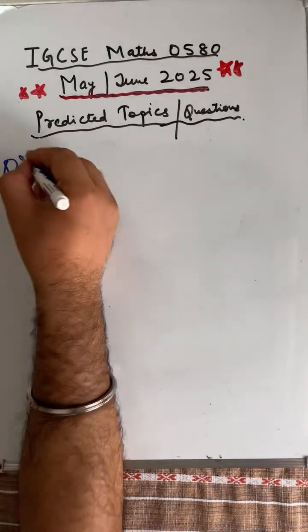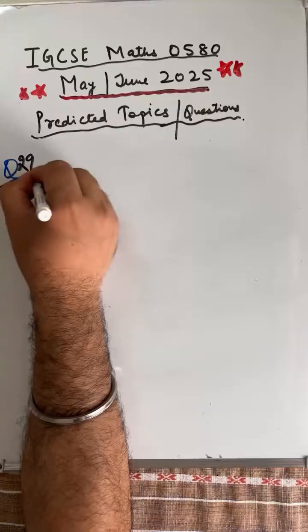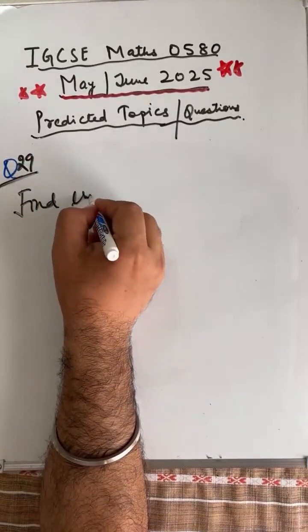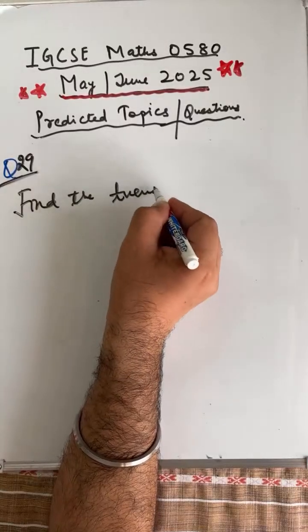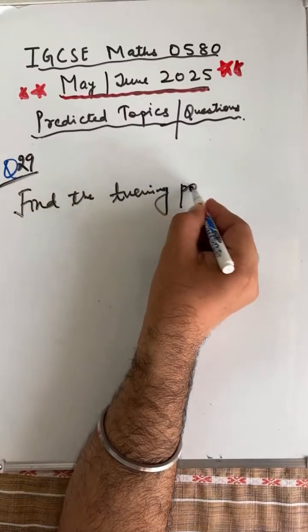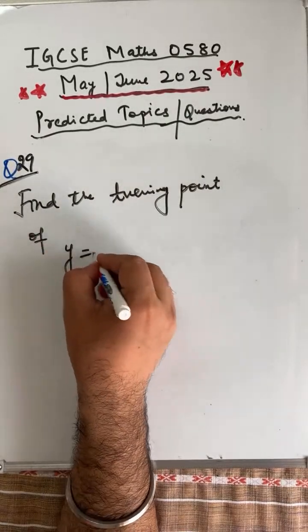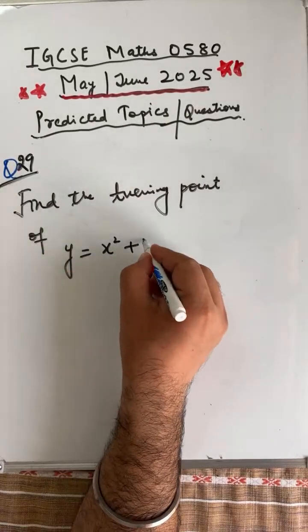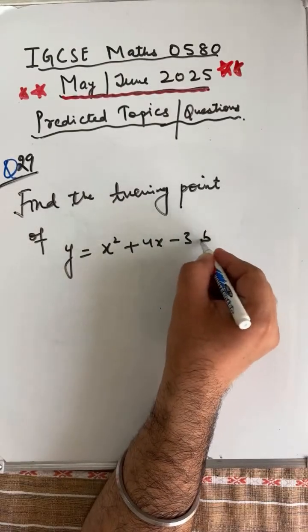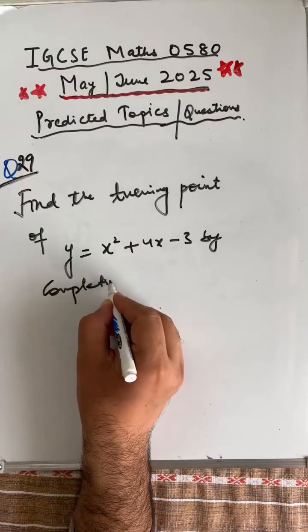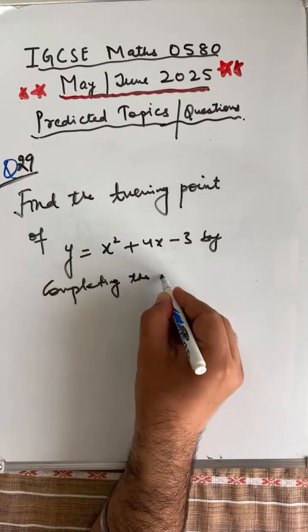Now question number 29. Find the turning point of y is equal to x square plus 4x minus 3 by completing the square.